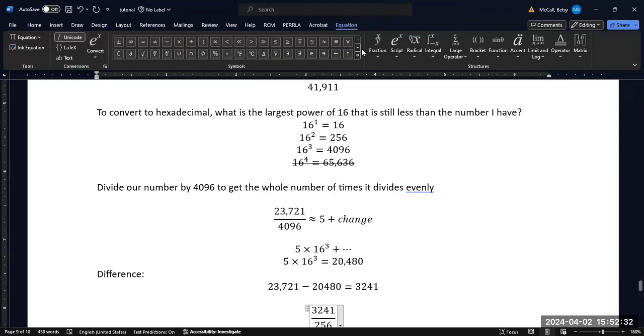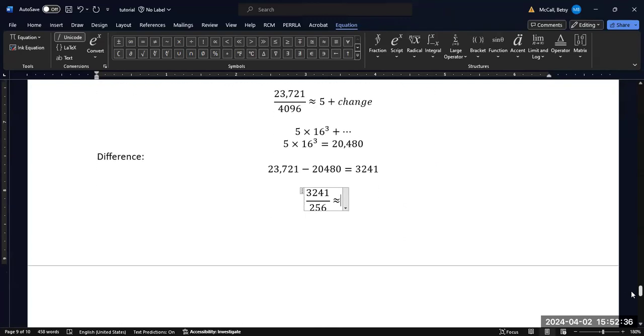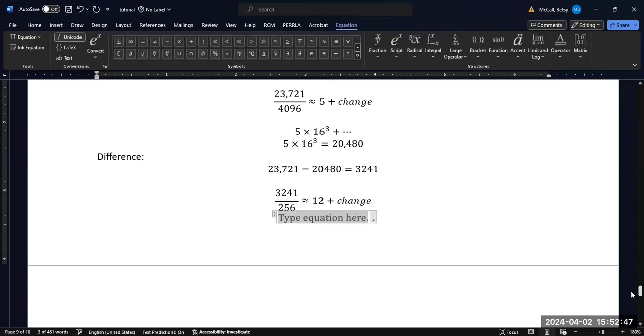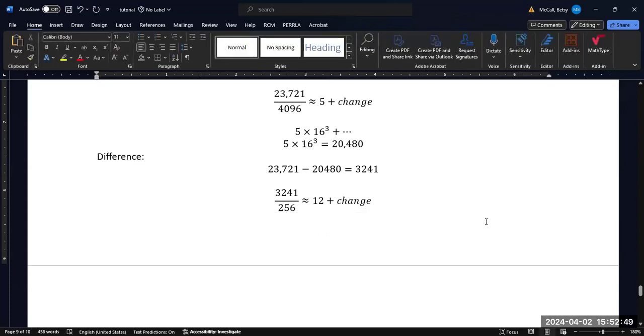And again, that's going to give us approximately 12 and change. So now our number is going to be another 12.